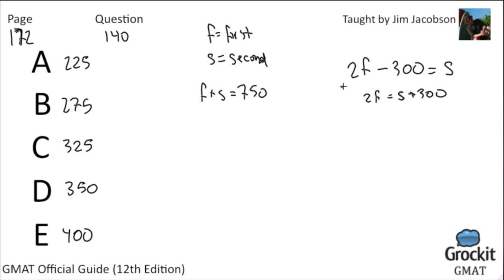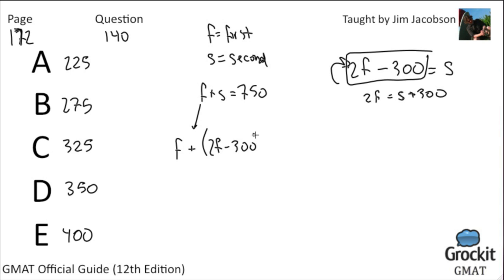And the reason we want to do this here is we want to substitute this value for S into the first equation that we have, so that we can solve for F, because F is actually the value that the question is asking for. So F plus S equals 750, so then F is this, plus S is this one here, 2F minus 300.